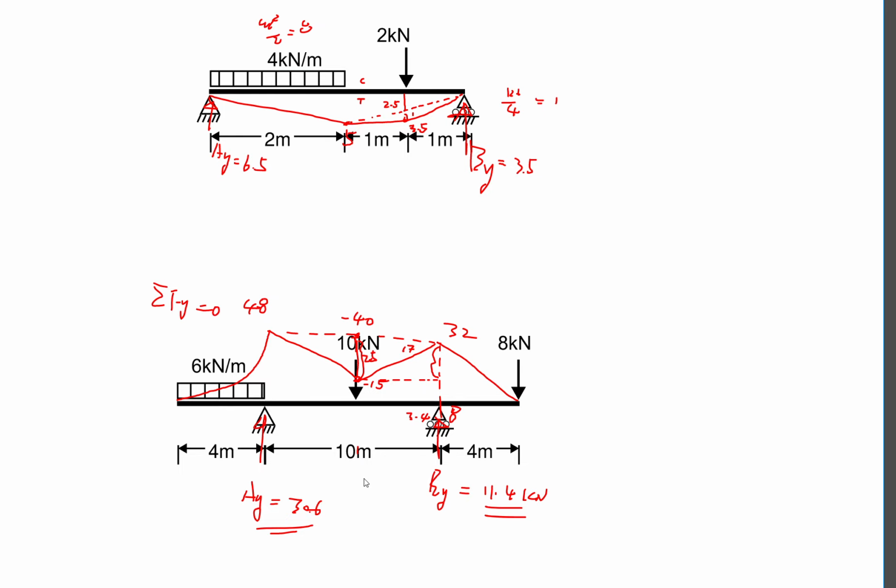Sometimes you need to work out the reactions first, but sometimes you don't. From my experience, the pattern that I see is that when I have a solid triangle, I can start from the solid triangle to get the reactions, because with a solid triangle your relationship between the bending moment and shear force is linear.